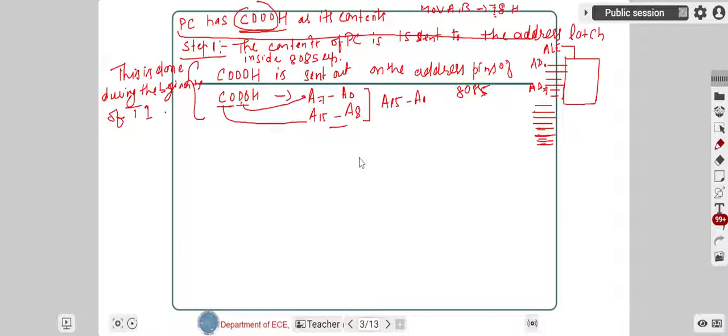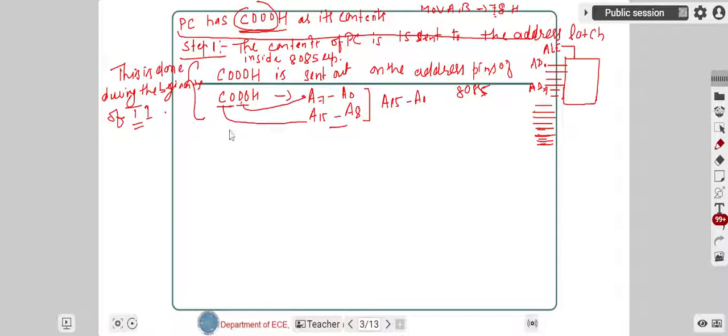We have already seen the opcode fetch machine cycle timing diagram. Out of which, during this T1 state only this thing happens. You have to remember that the address is sent out towards the latch by the CPU during the beginning of the T1 clock cycle. Okay.